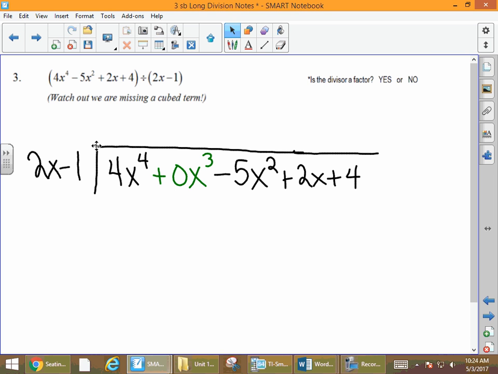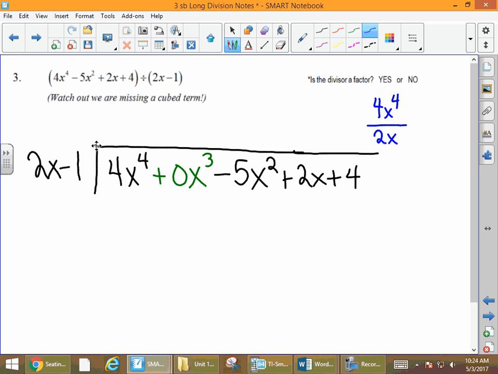We want to get rid of the highest degree term. So our highest degree term to start here is 4x to the 4th divided by 2x.